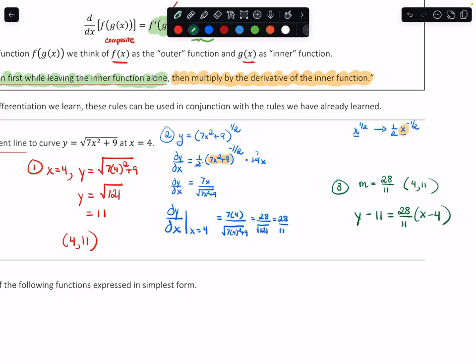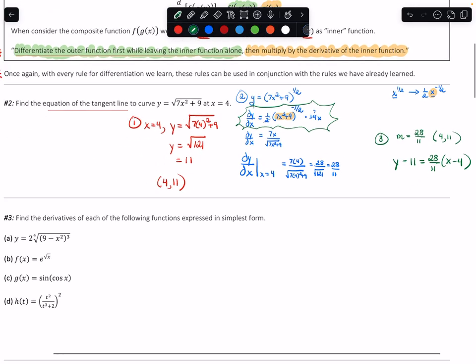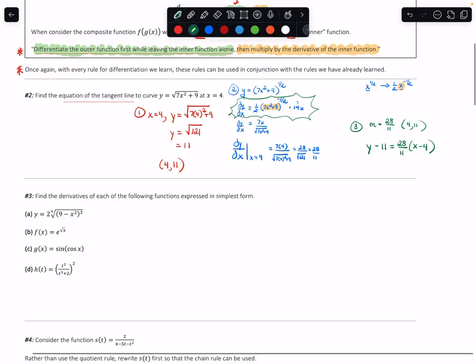I'm leaving it like that because I get full credit leaving it in point slope form. But again, here is where the new thing happened, using the chain rule. So let's take a peek at some different examples and really focus on the process of differentiating using the chain rule. Once you get it, it's really not any worse than any of the other rules.